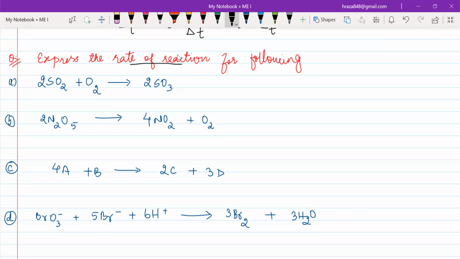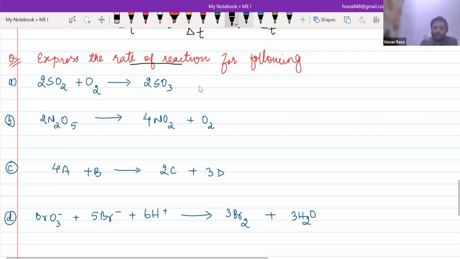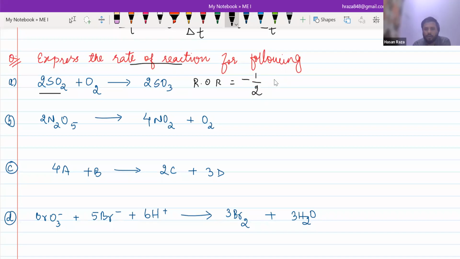So for the first one, sir, I'm getting some delta. Just let me write it. ROR will be equal to, first of all, it is reactant, so I'm going to put negative and then 1 by 2 delta N2O5 upon delta t. This will be equal to, this is negative, and then what is the stoichiometric coefficient? 1 it is.